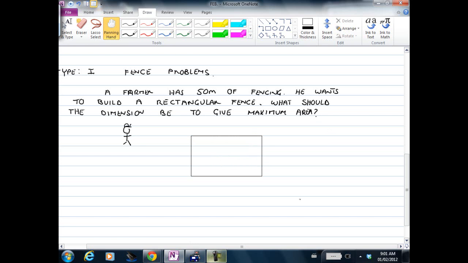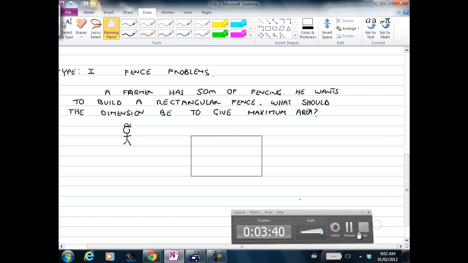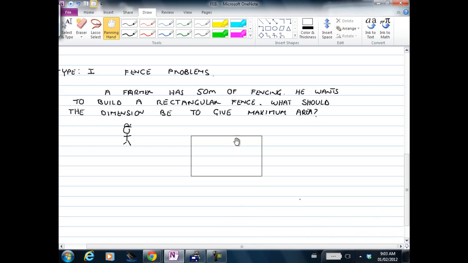I'm going to give you a few minutes to play around with this. So I'm going to give you a little challenge. You're going to create a rectangle with the largest area using 50 meters of fencing. For example, you can say this is 40, this may be 5, and this has to be 20 and 20.